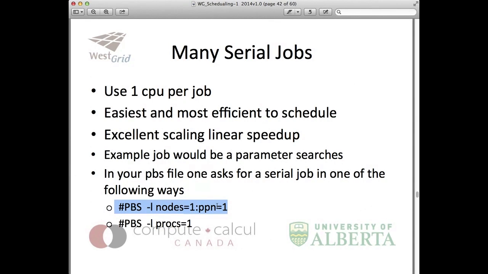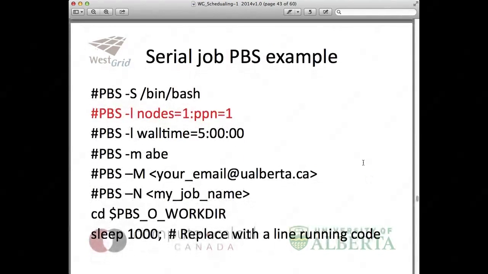Examples of this would be parameter searches. And you ask for a serial job in one of the following ways. You could ask for nodes=1, ppn=1, or you could ask for procs=1. When you ask for procs=1, you're asking basically for one processor anywhere.